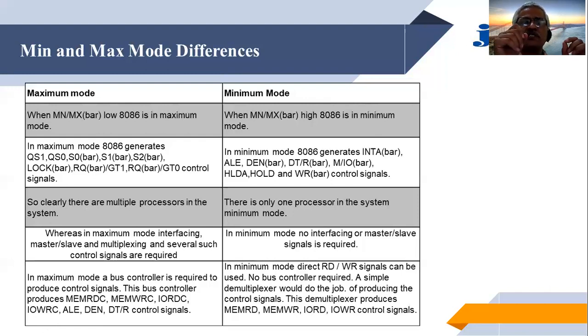So those signals are to be generated. We will see how those signals can be generated. In the maximum mode, the signals that will be additionally produced will be the memory read, memory write, IO write, and some other control signals. We'll see those signals in the next coming video when we discuss the maximum mode of operation.